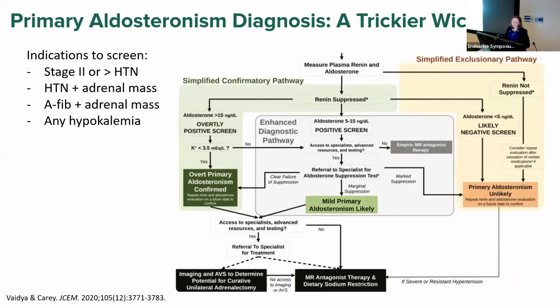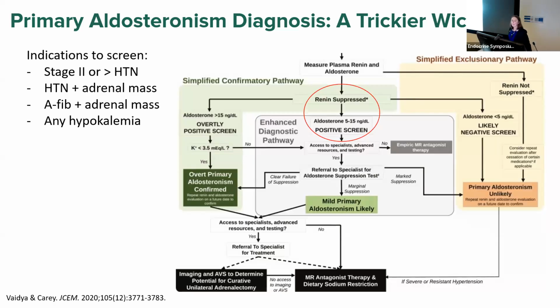And so this is the new algorithm for diagnosis of primary hyperaldosteronism. And we've really tried to adopt this in our practice, focusing around, is the renin suppressed? Is it lower than the reference range? And if so, what is the aldosterone relative to that?